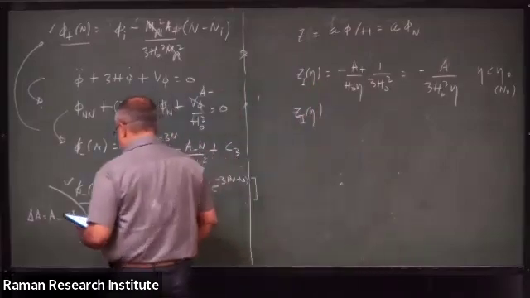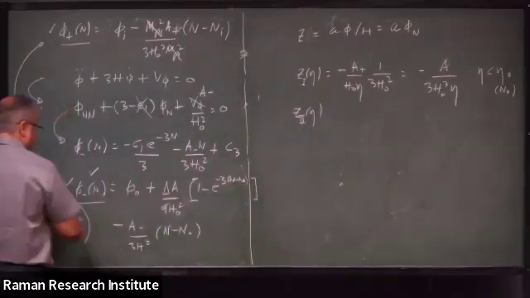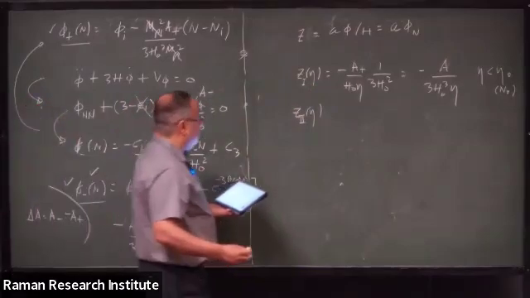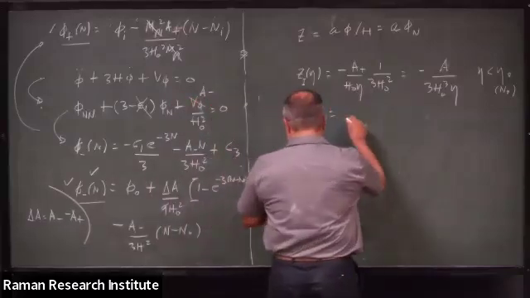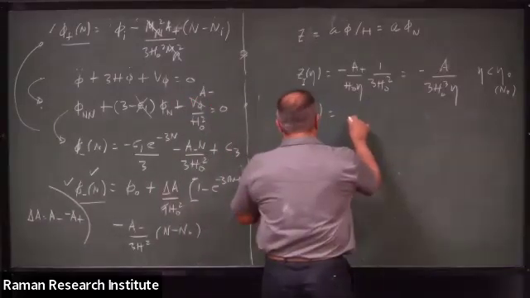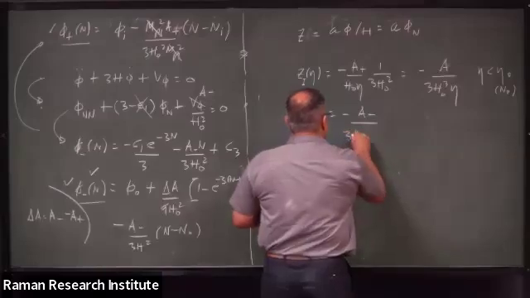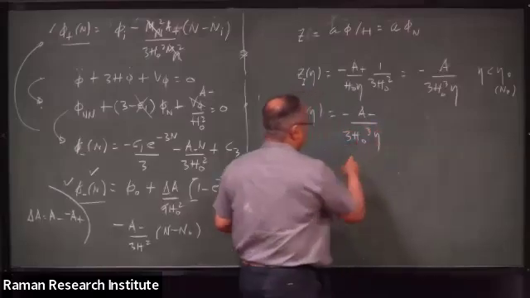So you know this guy, correct? E power n is like the scale factor, and scale factor is 1 over eta, right? 1 over H naught eta. And what you obtain for Z of eta is the following: minus A minus by 3 H naught cube eta. This is not surprising.